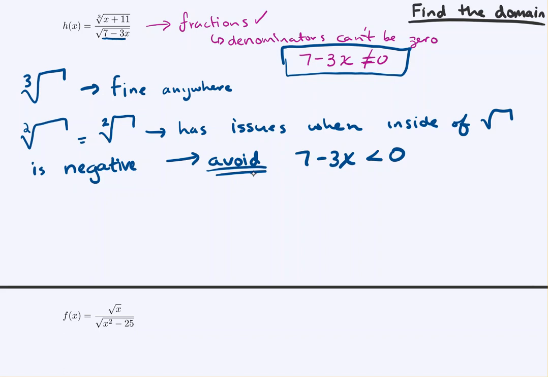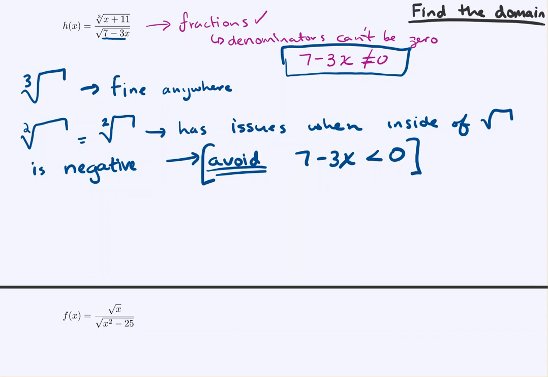Said in the positive sense, or in a different sense, 7 minus 3x needs to be greater than 0. That's okay, right? We either need to avoid when it's negative or be okay when it's positive. You could solve it through both of those routes. I'm going to say let's just worry about avoiding for now, but see that you could phrase it the same meaning, a different way. Avoid when it's negative, or you're okay when it's positive.